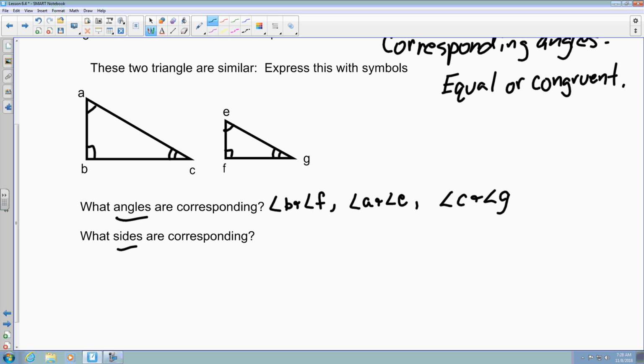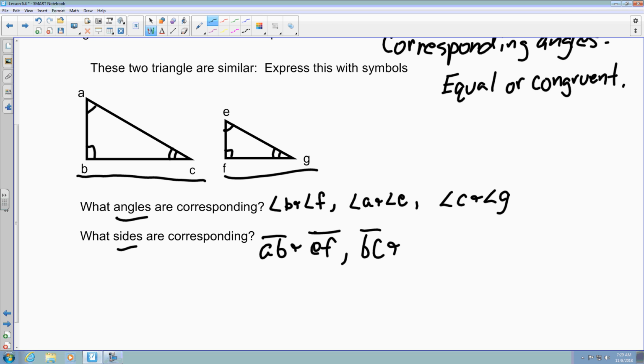So what we can say is line segment AB and line segment EF are corresponding sides. The next one would be over here and over here, which means that BC and FG are corresponding sides. And then the last pairing would be here and here. So that means that AC and EG are in fact corresponding sides.